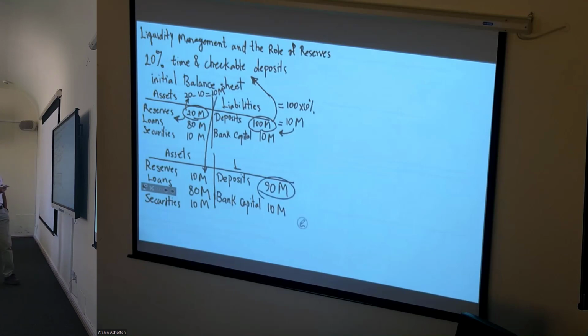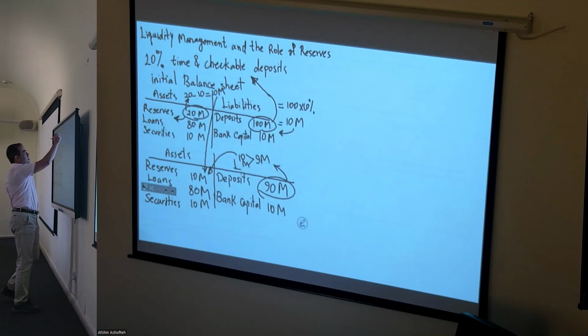It means that 9 million, okay, that is less than the 10 million that we have here, okay? So it is 1 million less than the reserve that we have in the balance sheet still, and the situation of the bank is good.